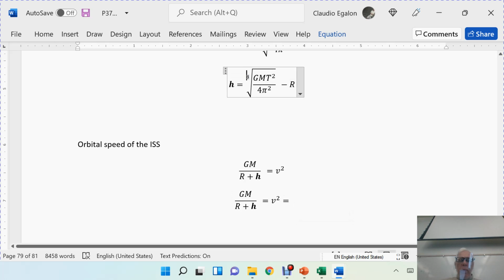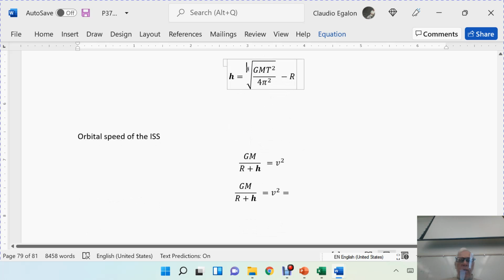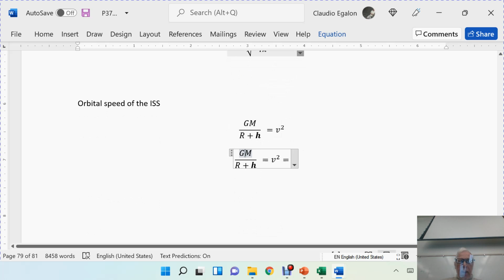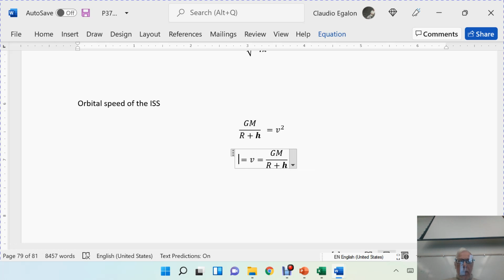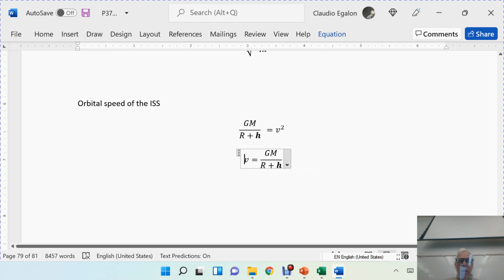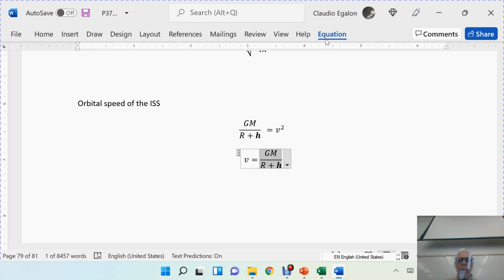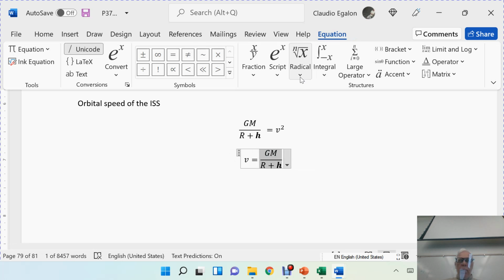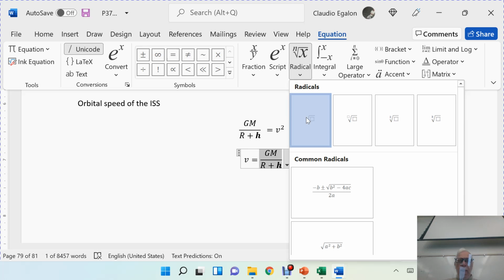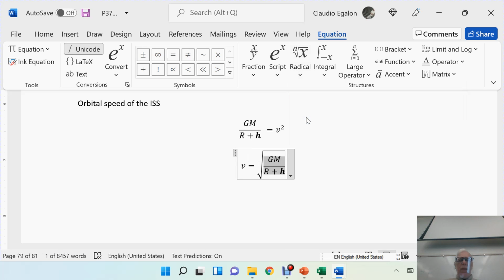Let's see how I'm gonna do that. The easiest way. Yeah, I'll put this one here on the other side. That's how we find the speed. Big G, big M divided by R plus H.